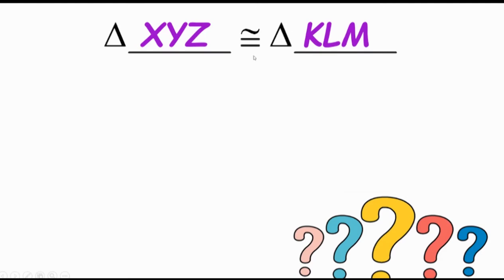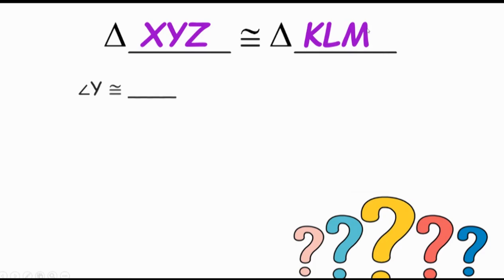You need to be very careful when naming the sides and angles. Look at it. X is first in the first triangle. K is first in the second triangle. That means X and K are corresponding points. Y is in the middle and L is in the middle here. So Y and L are corresponding, as well as Z and M.